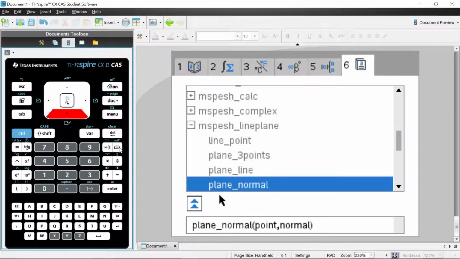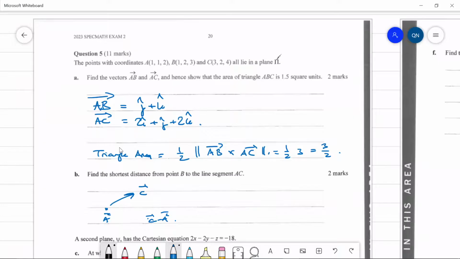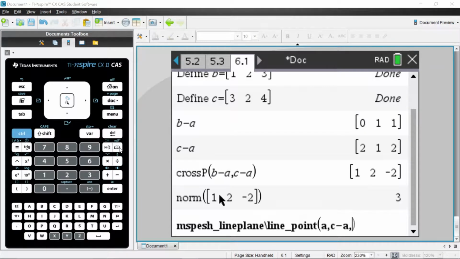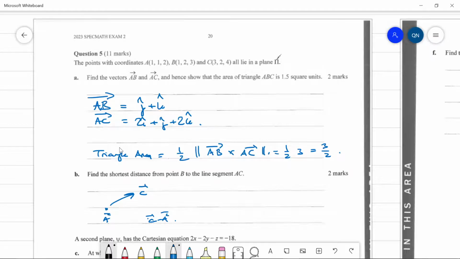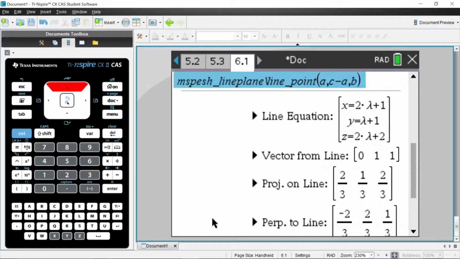We're going to go to line, plane, and then line and points. You give it a point, which is A, a direction, which is C minus A, and then the point that you're interested in, which is B. Distance is 1.